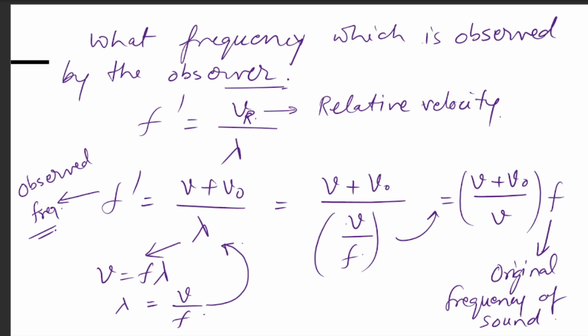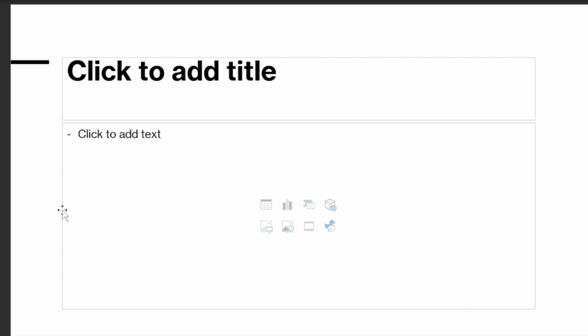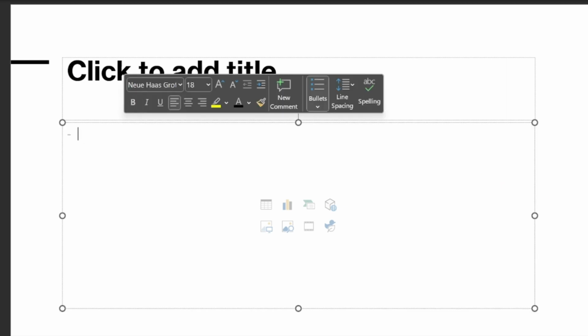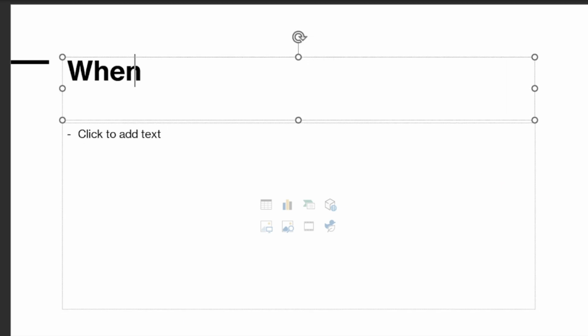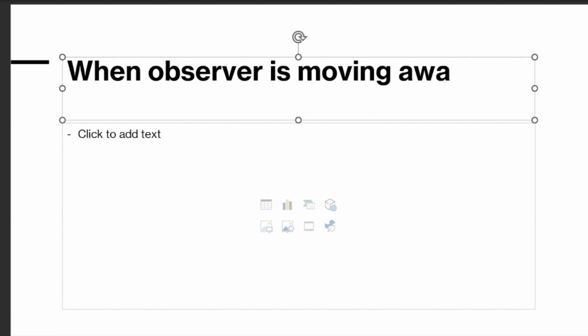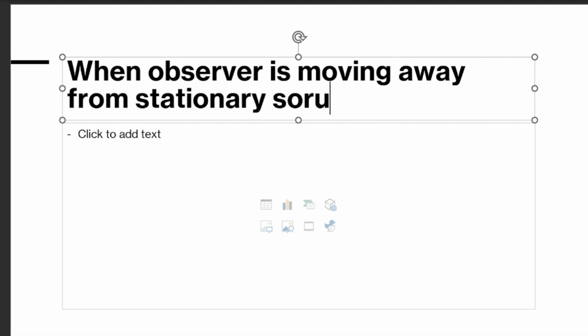Now the next condition is, one more slide, when the observer is moving away from the stationary source.